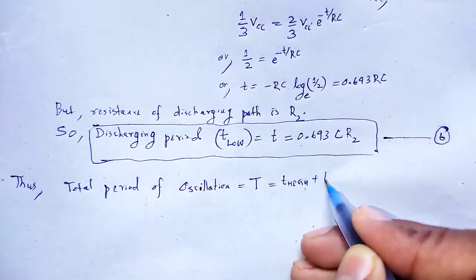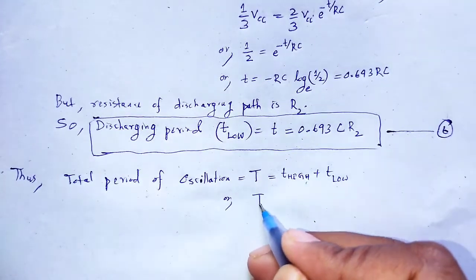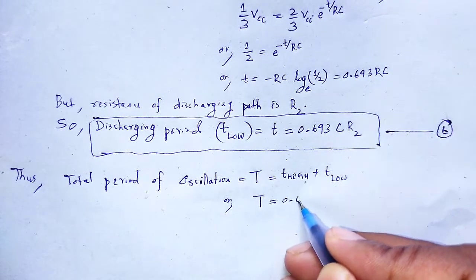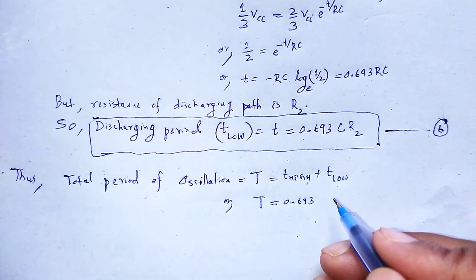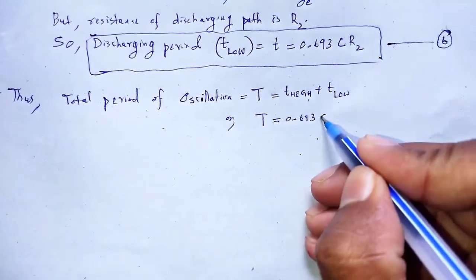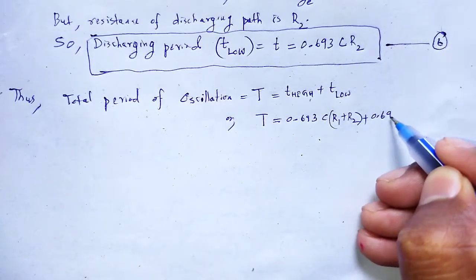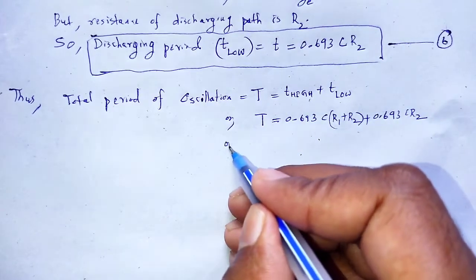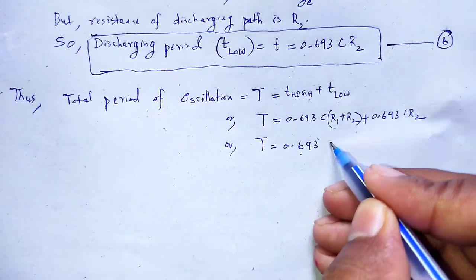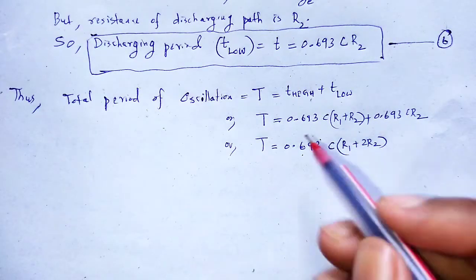Or the total time period of oscillation T is equal to T high, 0.693 C R1 plus R2, plus T low, 0.693 C R2, or T is equal to 0.693 C R1 plus 2 R2 as the total time period of oscillation.